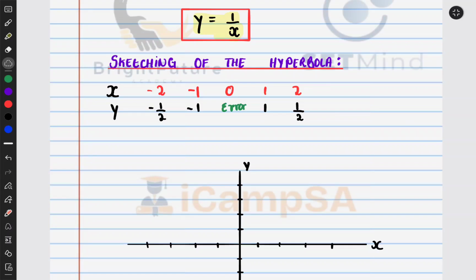Let's try to find the corresponding value of x where y is equal to 0. Basically, I'm trying for us to find the x-intercepts where our function cuts the x-axis. So we have y equal to 1 over x, and I want us to find the value of x where y is 0 at this point.